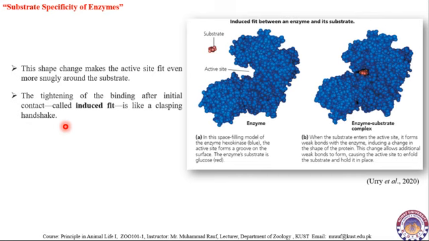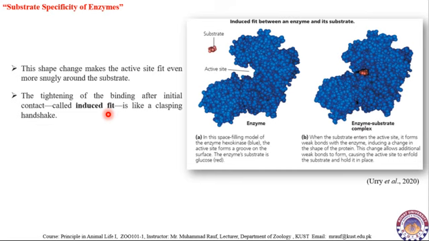So they say that it is actually a similar kind of situation where the active site of the enzyme interacts with the substrate, and then the active site or the protein is wrapped tightly around the substrate. Its active site is wrapped tightly around the substrate. So this is the induced fit.